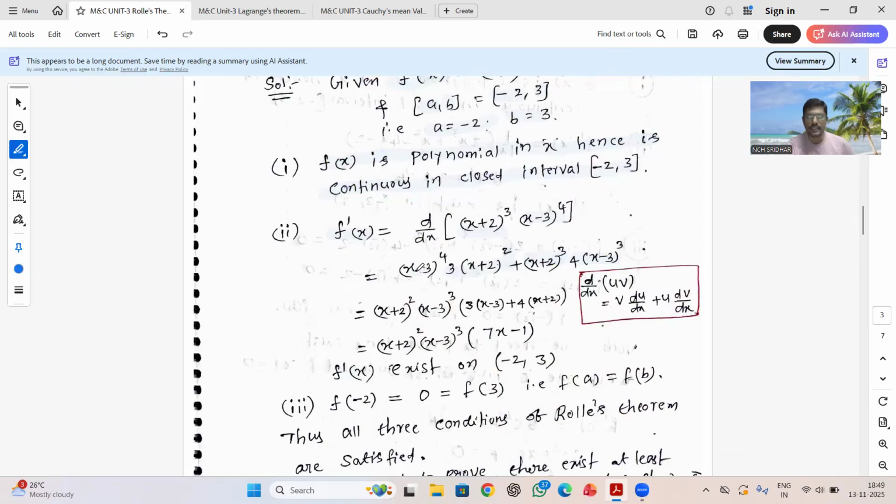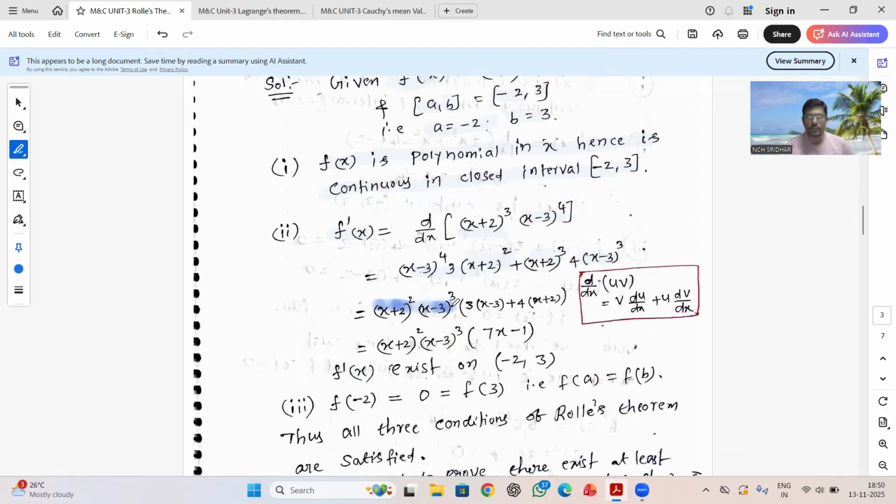Now we can take common in these two terms. If we observe here, (x minus 3) whole to the power of 4 is there, and here (x minus 3) whole cube is there, so you can take common (x minus 3) whole cube. And here it is (x plus 2) whole square and here it is (x plus 2) whole cube, so you can take common (x plus 2) whole square.